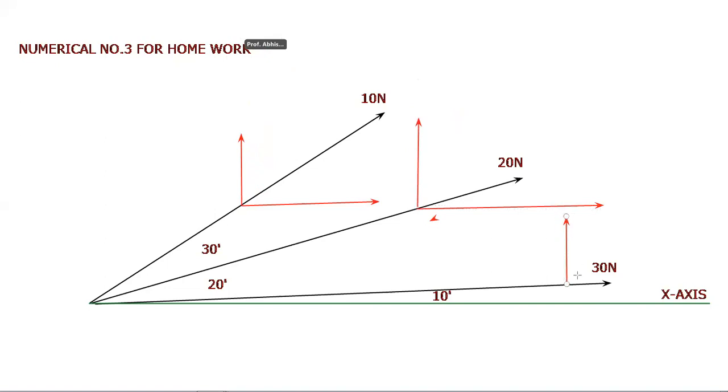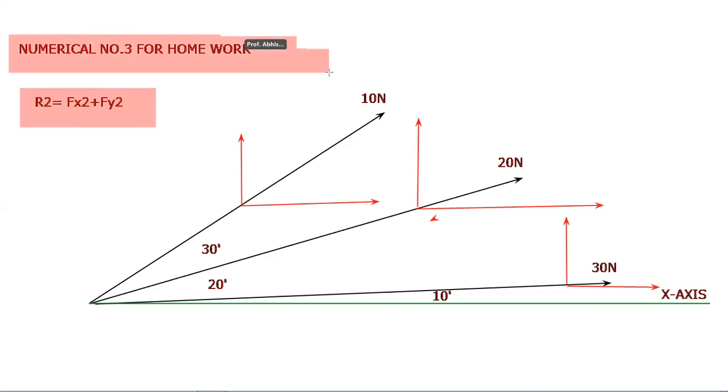This is the method to solve the numerical. Then use the summation of fx and summation of fy. Then use R is equal to under root of fx square plus fy square, that is, R square is equal to fx square plus fy square. Use this formula to solve this numerical. So this is one hint given by me.